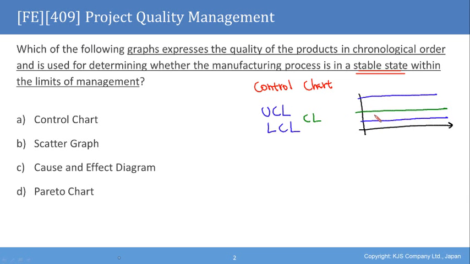And we said that if the graph lay somewhere in between the two limits, then we say that it was a stable state. And so the graph allowing us to say that the process was in a stable state was the control chart. Control chart is option A, so this is the correct answer.